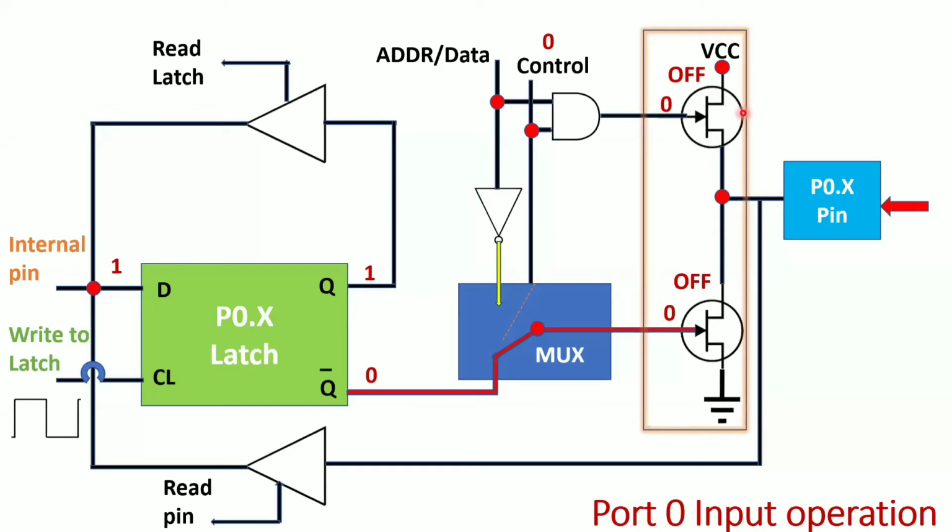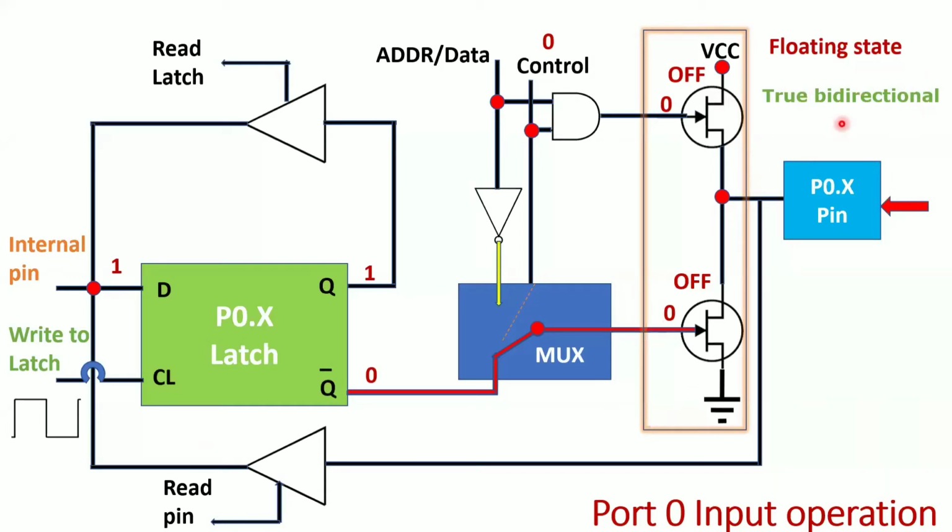Whenever these two transistors are off, this point is your floating state. That floating state we also call the true bidirectional state. True bidirectional means whatever value you send here, I can read from here. Whatever value I push from this side, I can send to the outside.